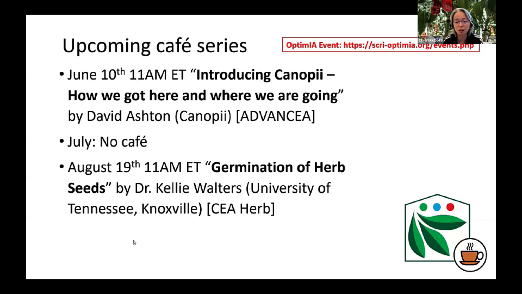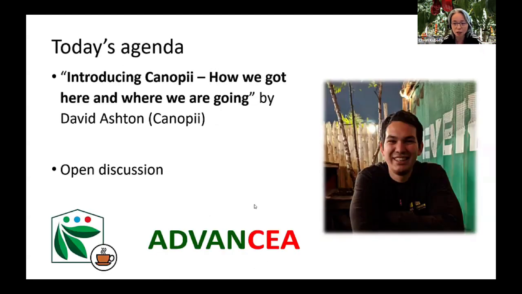In August, we start again with an academic speaker talking about germination techniques for herb seeds, and that one is supported by the CEA Herb Group. Today's Canopy presentation by David Ashton is supported by the Advanced CEA Group. So again, thank you, David, for joining.